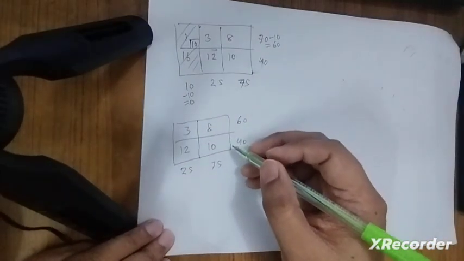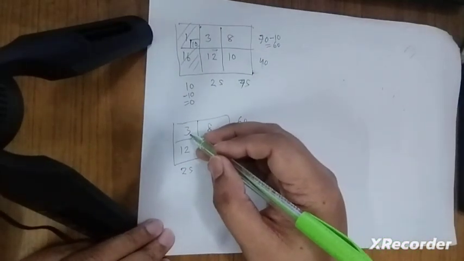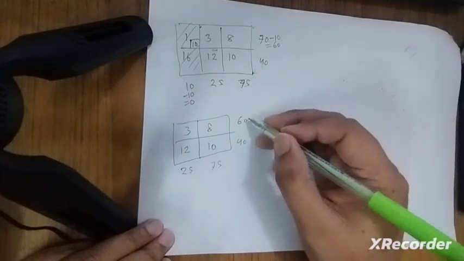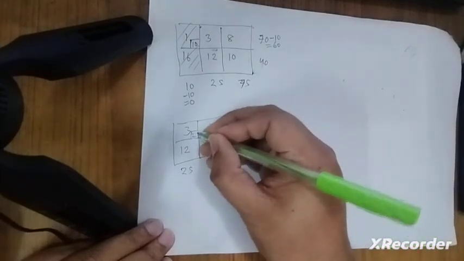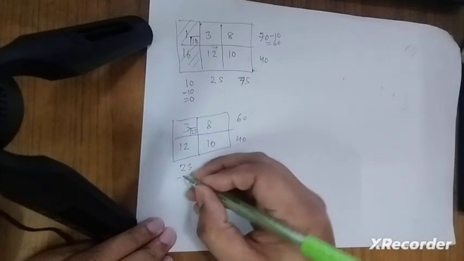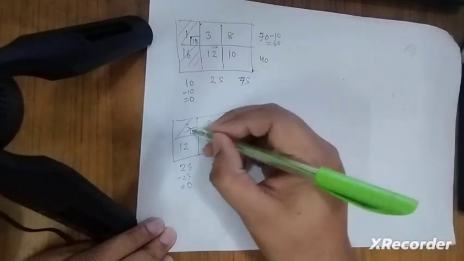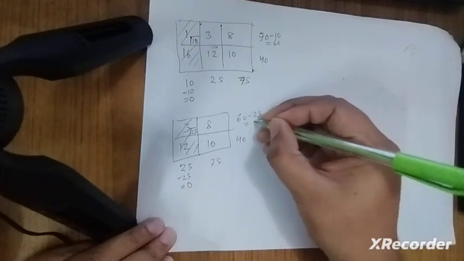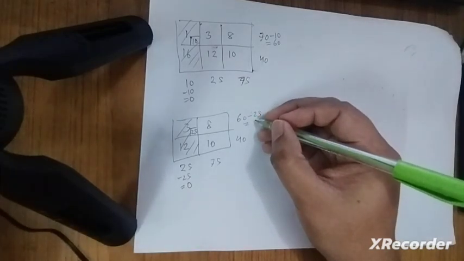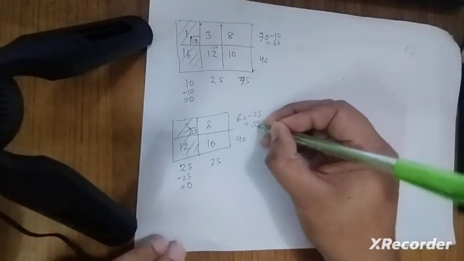In this matrix, 3 is the northwest value. Between 25 and 60, the lowest is 25, so assign 25 to the 3. So 25 minus 25 becomes 0, so this column is exhausted, and 60 minus 25 becomes 35.